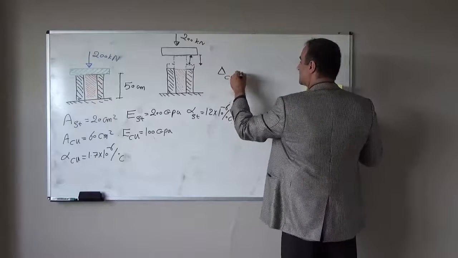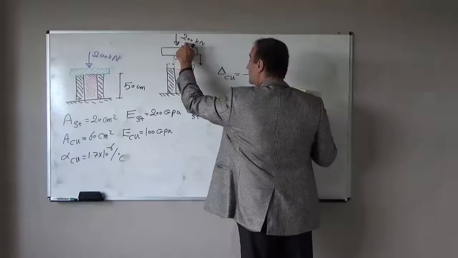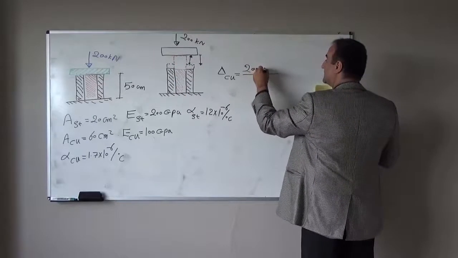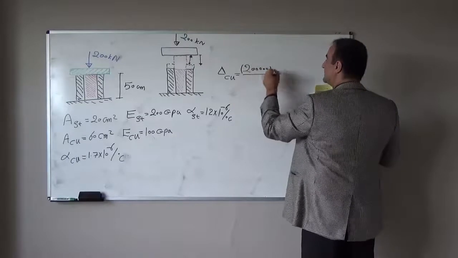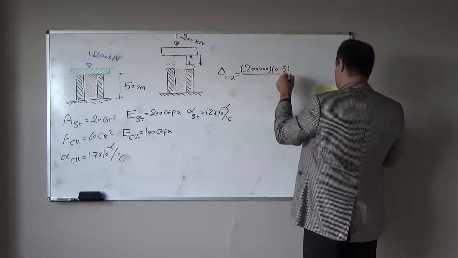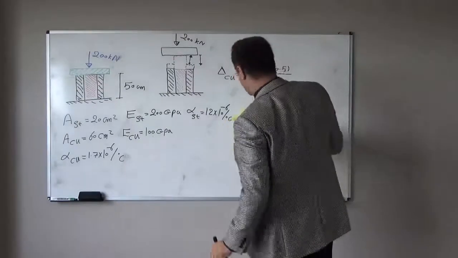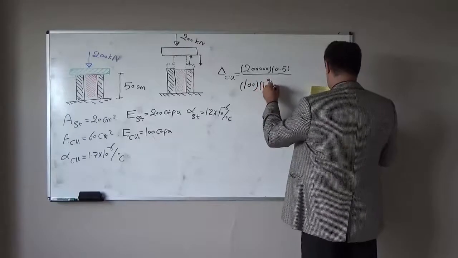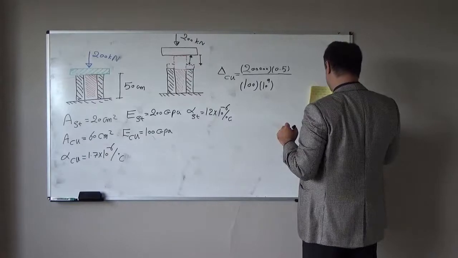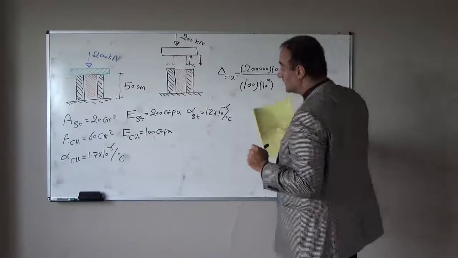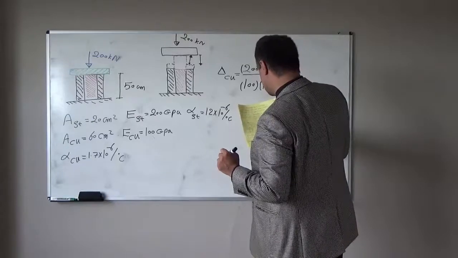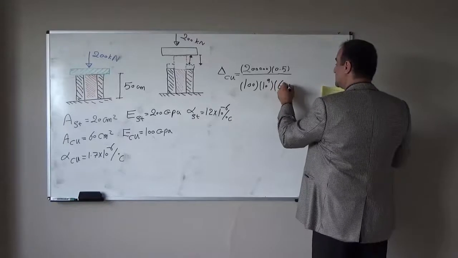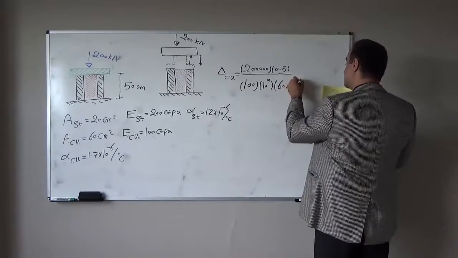Deformation of the copper will be, because we want this entire force to transfer here, 200 kilonewton times the length divided by E copper, 100 gigapascal, times A, the cross-sectional area of the copper, which is 60 times 10 to the power of negative 4.